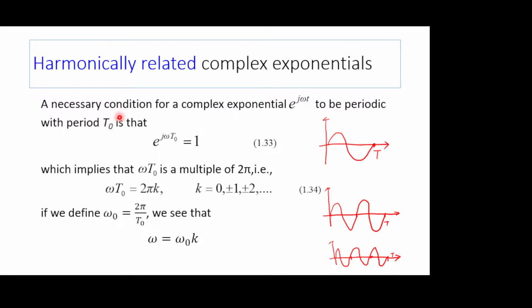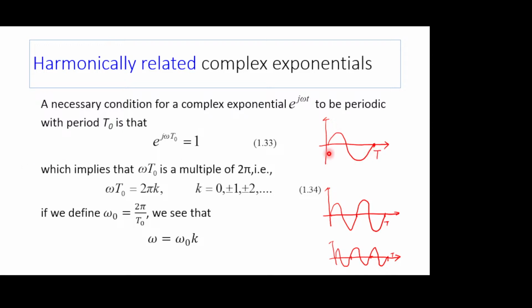Obviously, if your omega is equal to 2 pi divided by T0, something kind of feels like this, although we are drawing the sinusoidal, so I guess we are drawing the real part of this e to the j omega t, or the imaginary part. Anyway, we want this to be periodic with period big T.